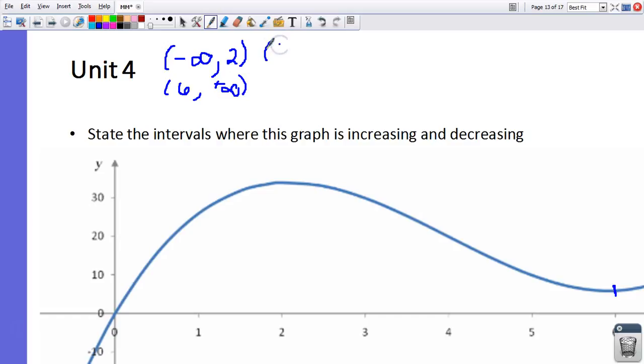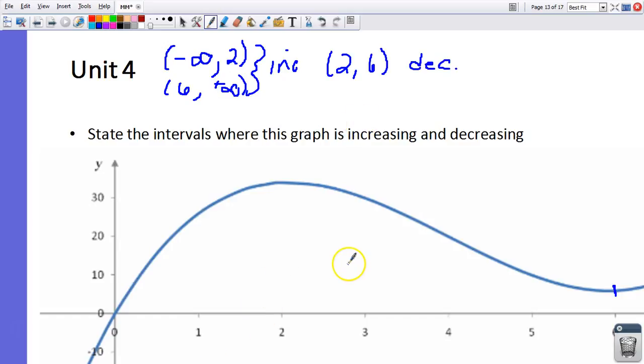So this is where it's increasing, and it's decreasing from 2 to 6. And you always want to write the numbers in numerical order. So my 2 came first because it's smaller than my 6. My negative infinity came first and then 2. My 6 came first and then positive infinity, okay? And this is where it's decreasing.